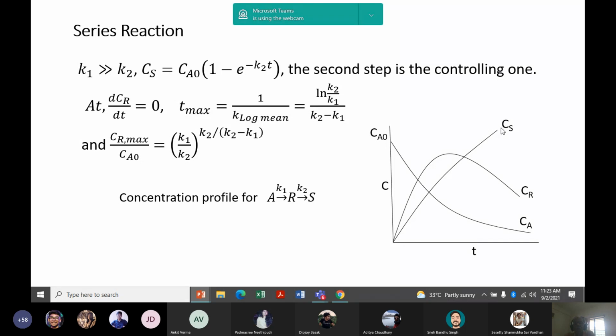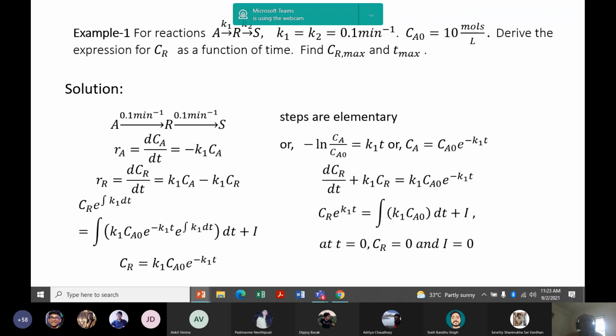Then up to what time do we run? We expect Cr max at a particular time. So run the experiment up to T max and you will get the optimum value of Cr max and the corresponding Cs also. We can find these out using plots or equations.